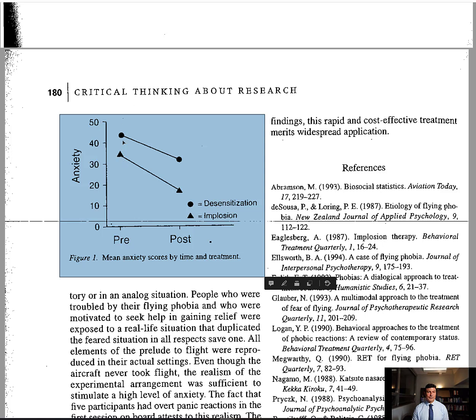After that first session, people were leaving the study, and more people left the implosion group than the desensitization group. What might have happened is a sort of survival of the fittest. The people who were left in the implosion group did well because they could handle it, and the people who left weren't going to do as well anyway.